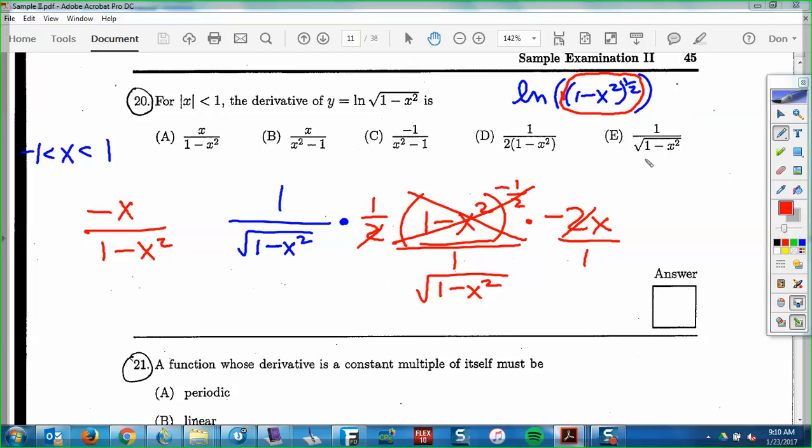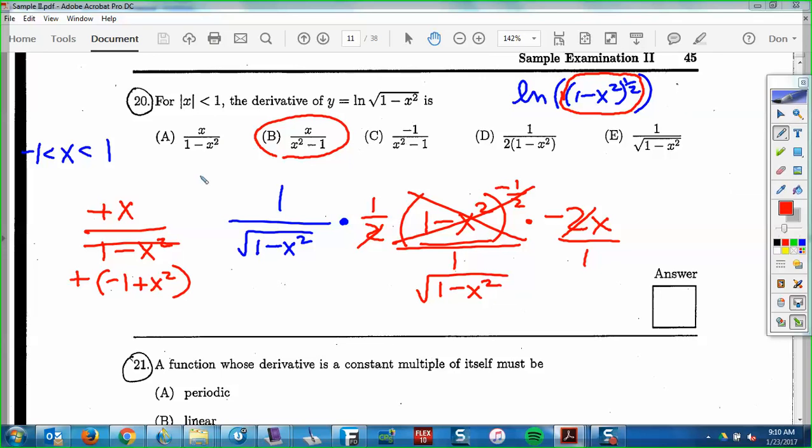Which would be which one? Now, you understand why, right? If you take a negative out of the bottom here, then that would turn into negative 1 plus x squared, and then that negative would cancel that negative, and this would just be x squared minus 1. So you'd have x over x squared minus 1.